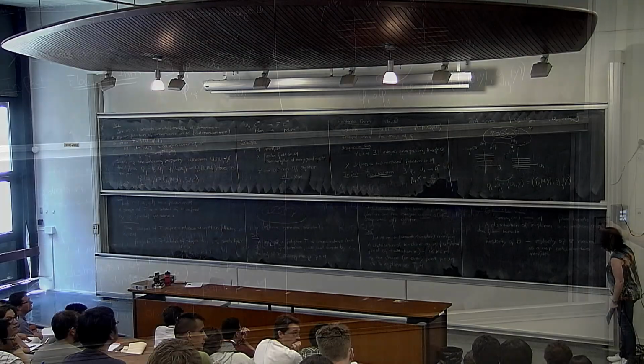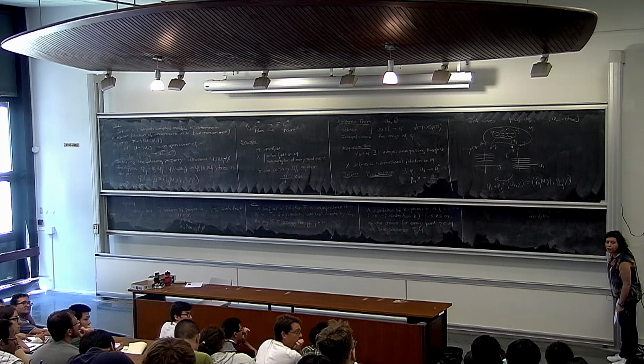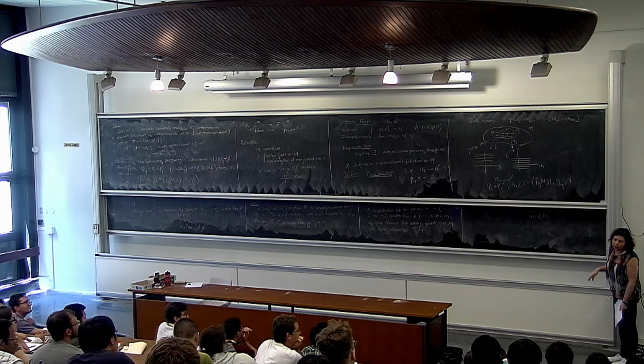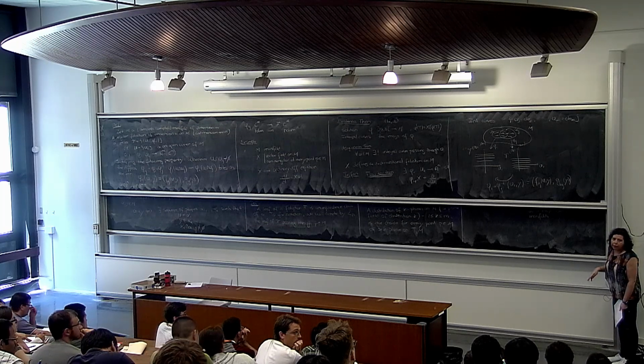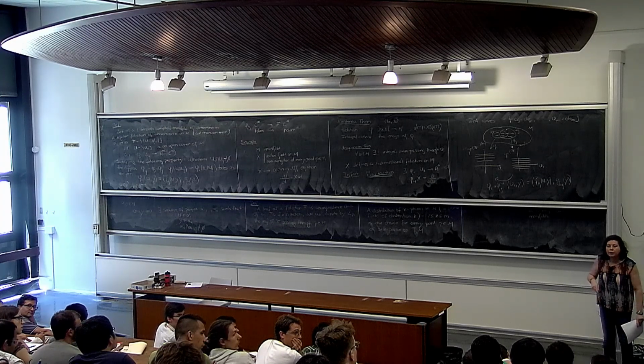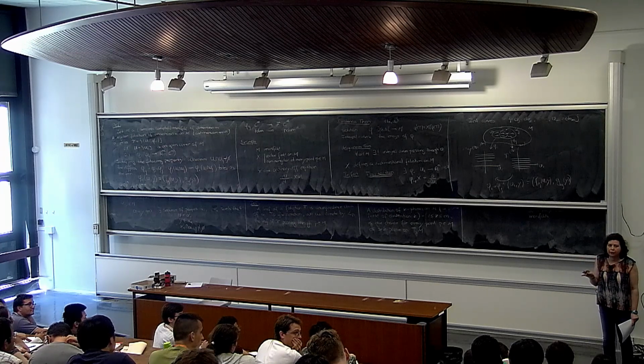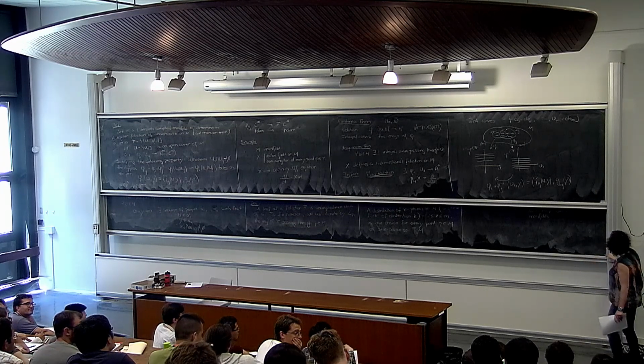Sorry, do we consider the real tangent space or the holomorphic tangent space? In both cases. When we're considering a complex manifold, are we considering... We are going to look at holomorphic tangent bundles, so holomorphic distributions.